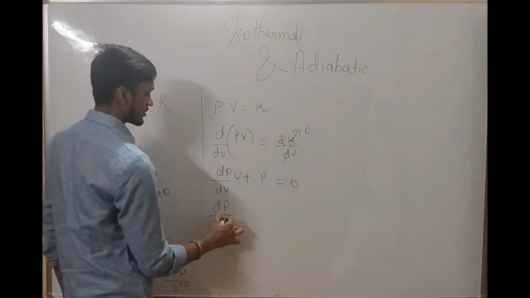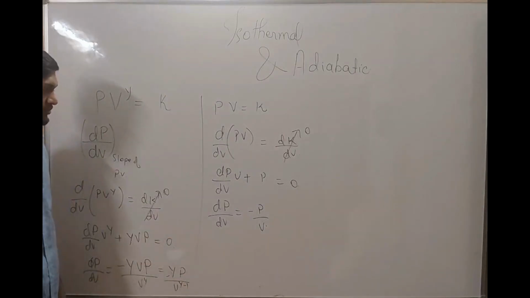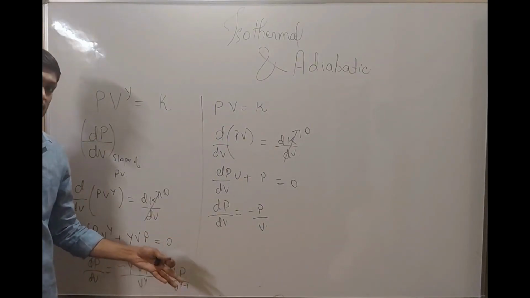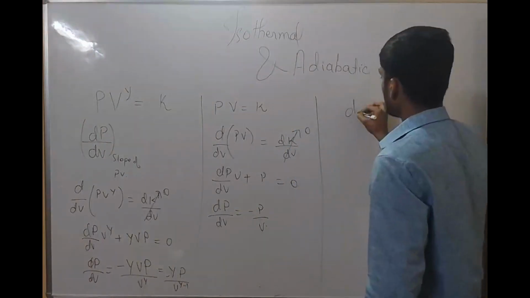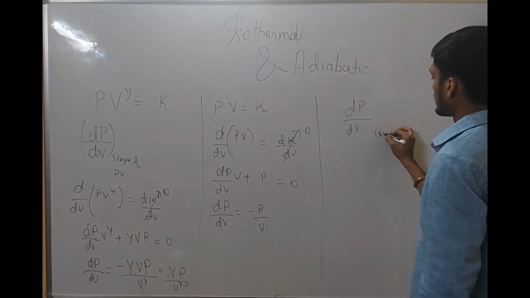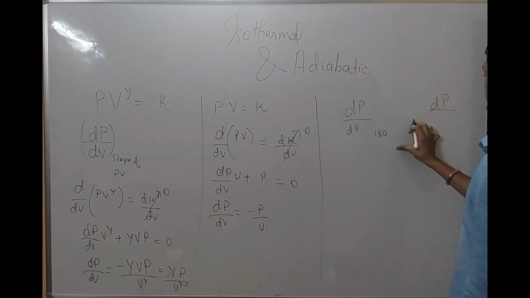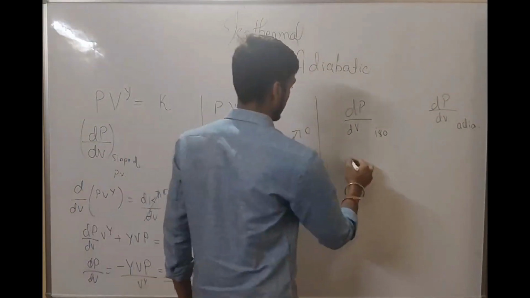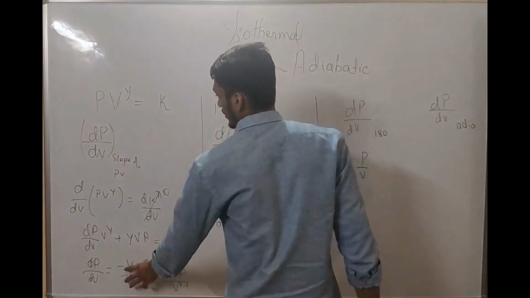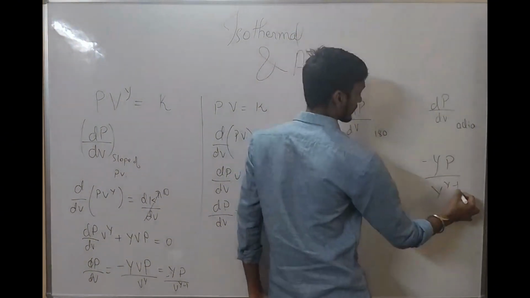So dP by dV equals minus P by V. Comparing these two equations, we have to analyze which slope is greater. dP by dV for isothermal is minus P by V, and dP by dV for adiabatic is minus gamma P by V.